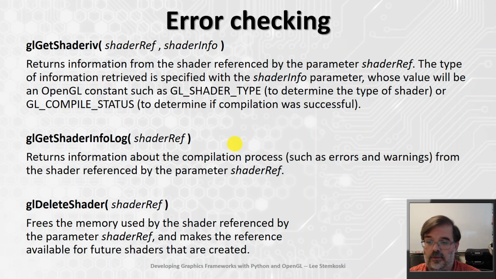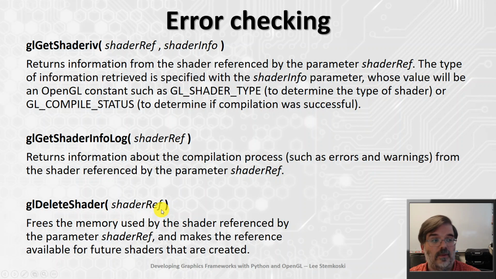And again, it'll return some kind of a string, which contains information about the compilation process, such as error messages and warnings. And if the shader didn't compile correctly, might as well clean up the code and delete the shader object. And that can be accomplished with the function glDeleteShader.